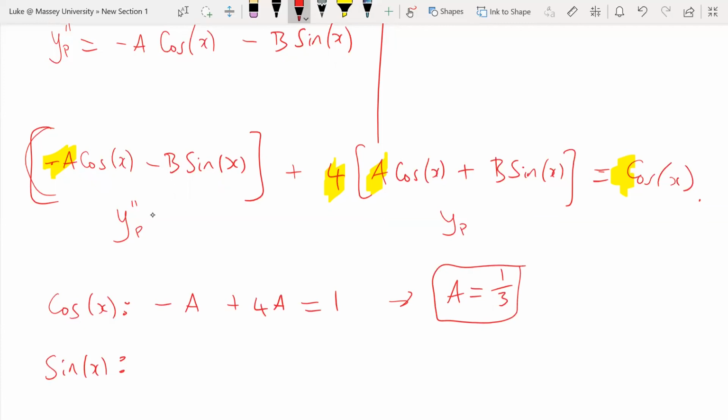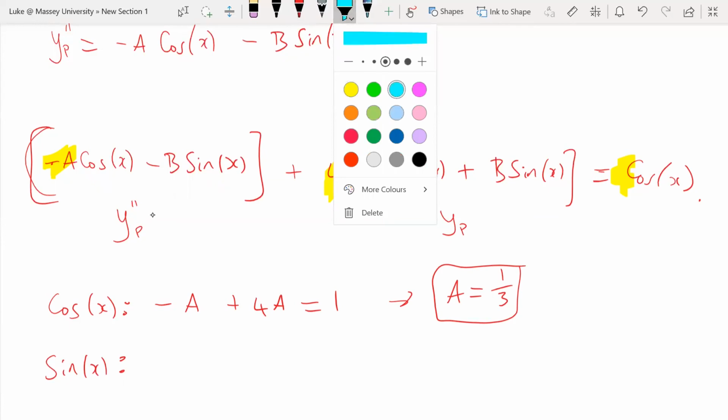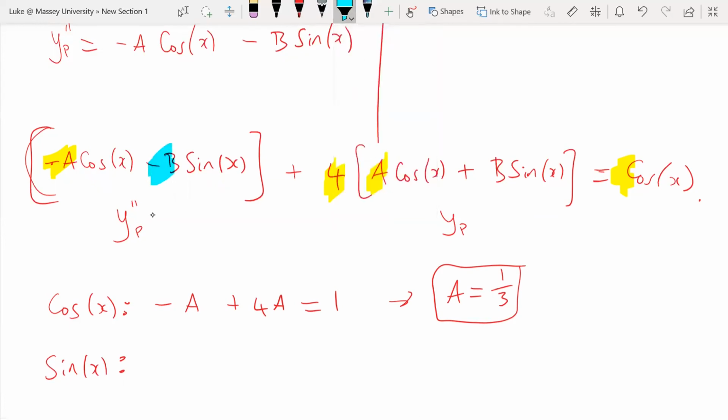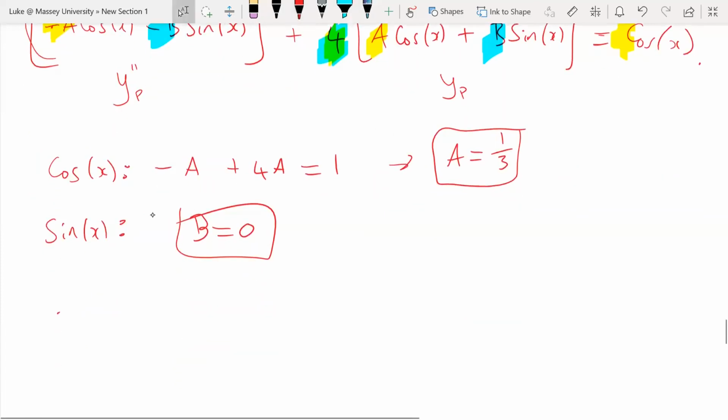For the sine terms, we have negative b and then 4b. So already I can see that b is going to have to be equal to 0. Therefore my particular solution is quite simply 1/3 cosine of x.